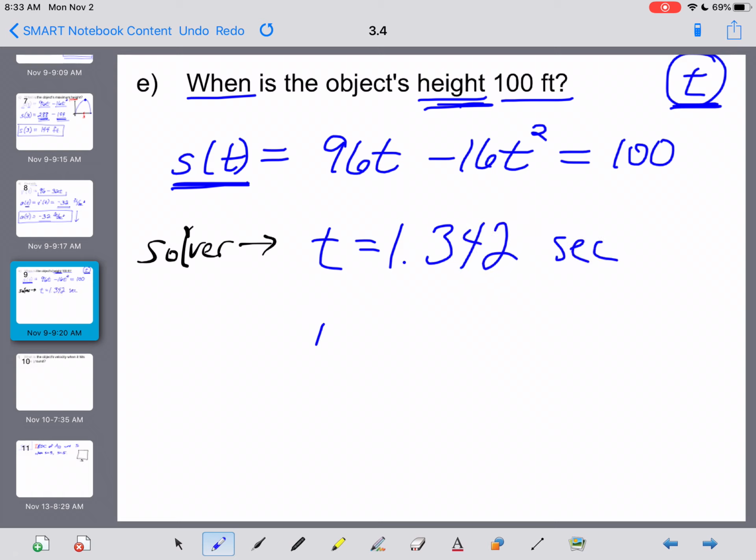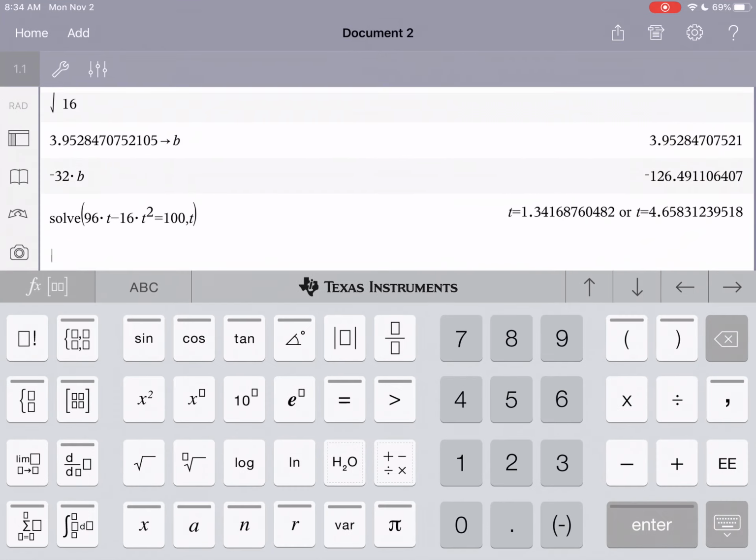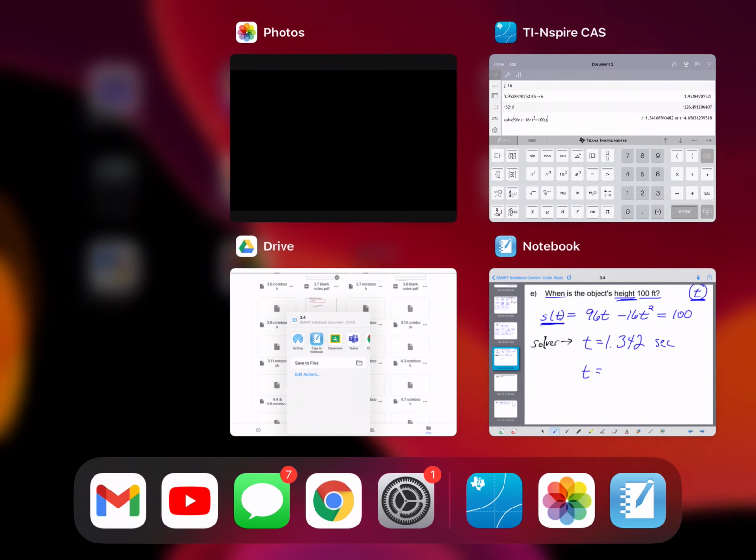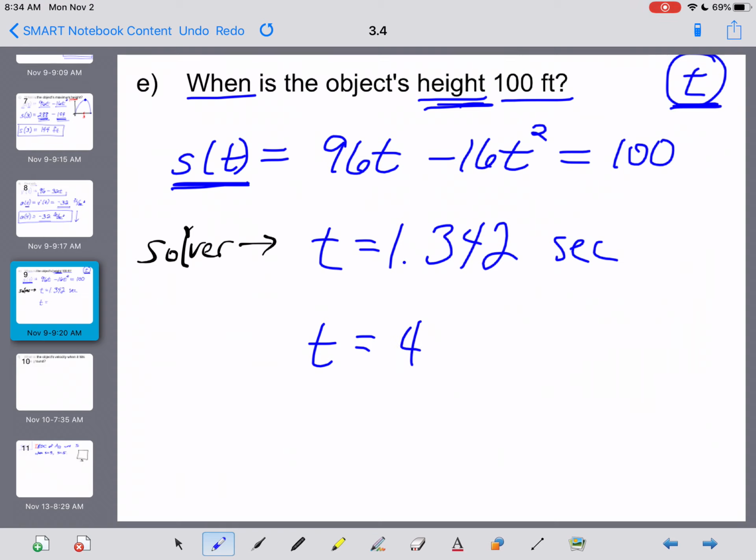And the other one is t equals 4.658 seconds.